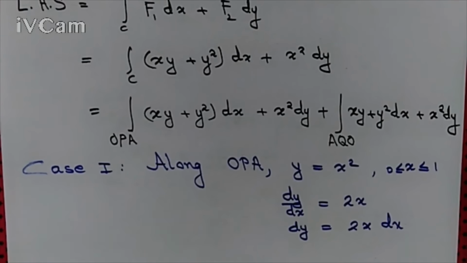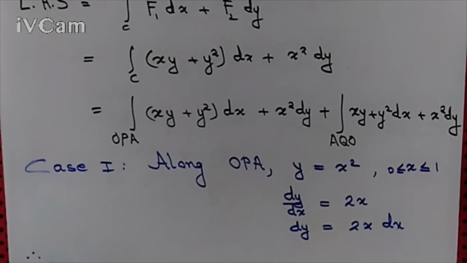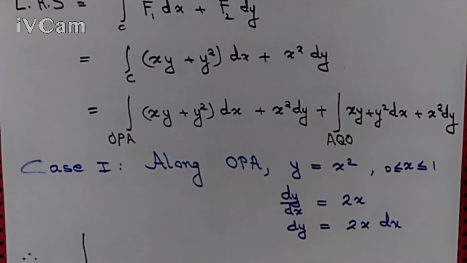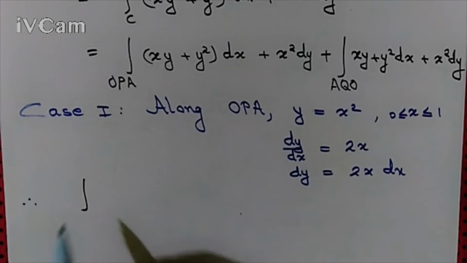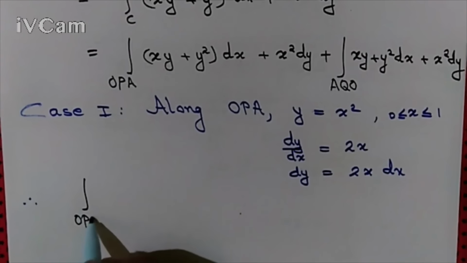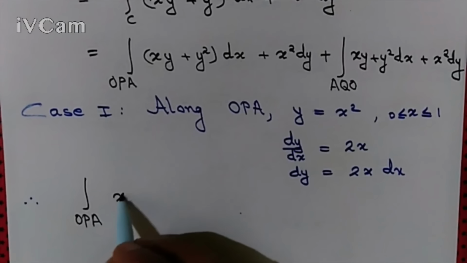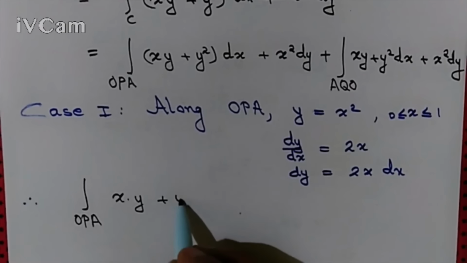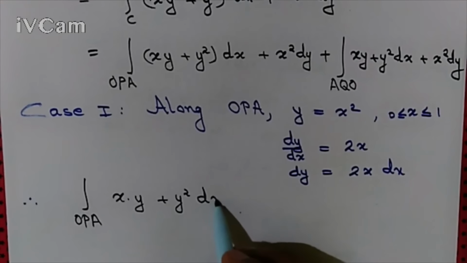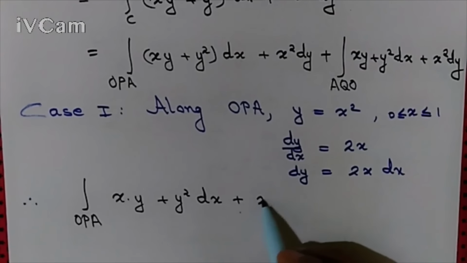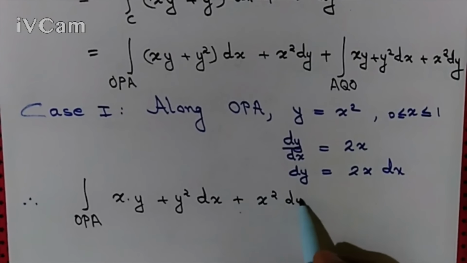Therefore, the line integral along OPA of xy plus y square dx plus x square dy.